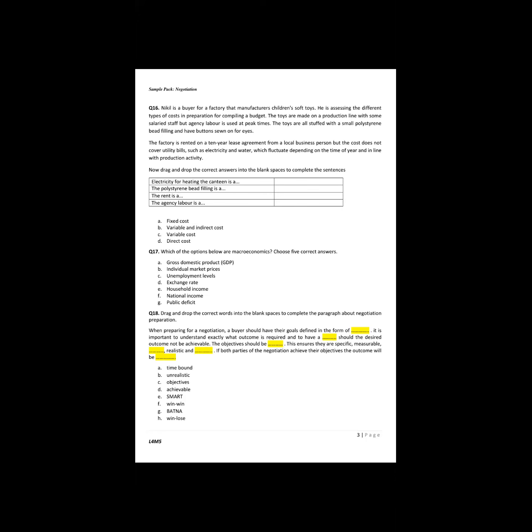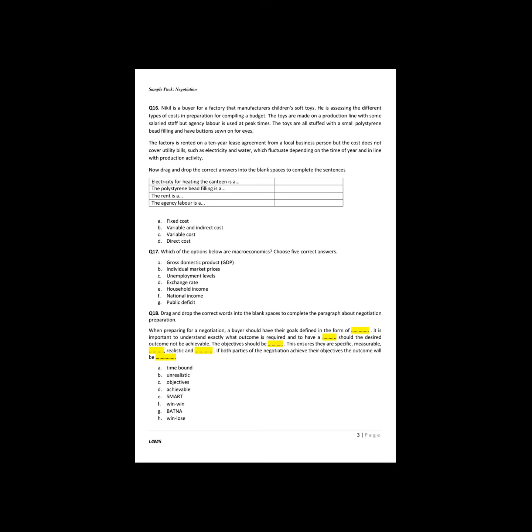The toys are all stuffed with a small polystyrene bead filling and have buttons sewn on for eyes. The factory is rented on a 10-year lease agreement from a local business person, but the cost does not cover utility bills such as electricity and water, which fluctuate depending on time of year and in line with production activity.